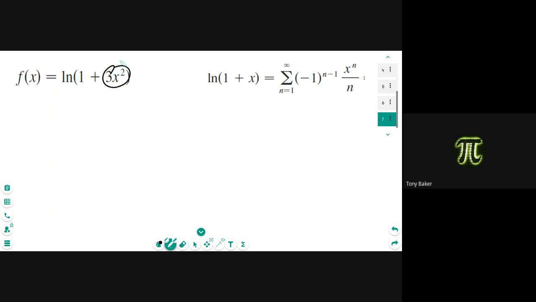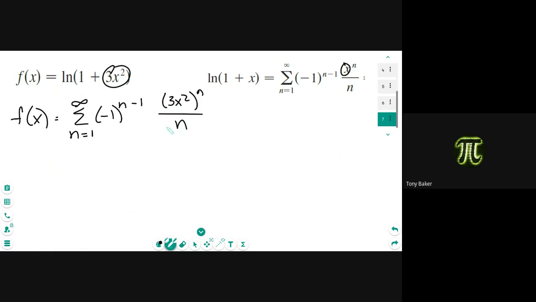So x is 3x squared. So if I change the x to 3x squared, that's what I get.